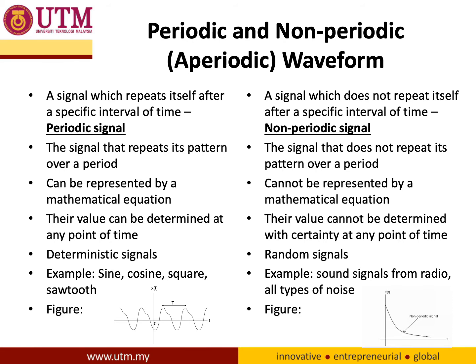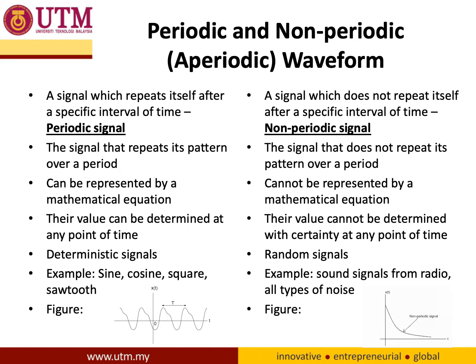The signal does not repeat its pattern over a period, and it cannot be represented by a mathematical equation. Its value cannot be determined with certainty at any point of time, and non-periodic signals are random signals.